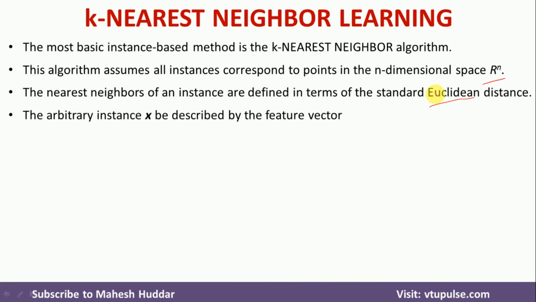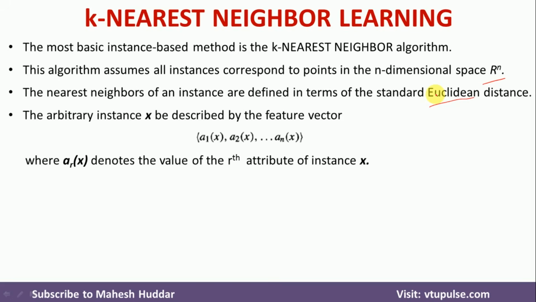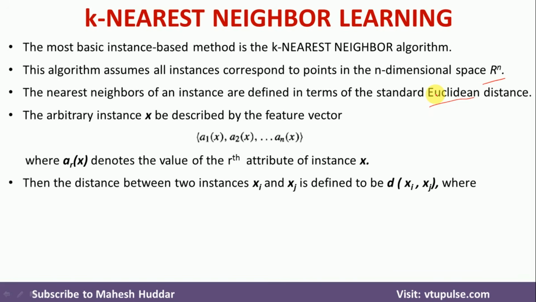Let us assume that there is an arbitrary instance x with feature vectors A1x, A2x, ANx, where A1, A2, AN are the features or the attributes of the xth instance in this case. Now, if I want to calculate the distance between two instances, let us say xi is one instance and xj is another instance, the distance is represented as d of xi, xj.